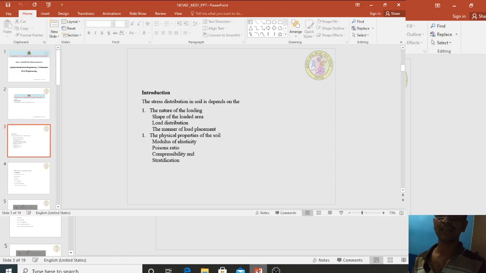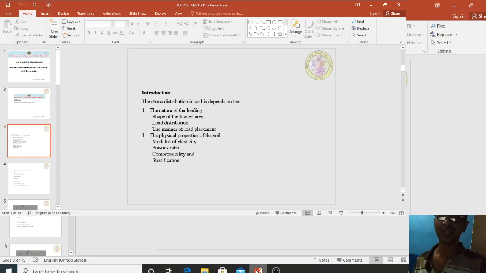Next is stratification. If you have a stratified soil deposit like Indo-Gangetic region soil, Brahmaputra region soil, or Central India region soil deposits, where clay will be one layer, silt another layer, sand another layer, and again clay or silt the next layer, then the modulus of elasticity, Poisson's ratio, and the stress history of the soil will be different from one layer to another.